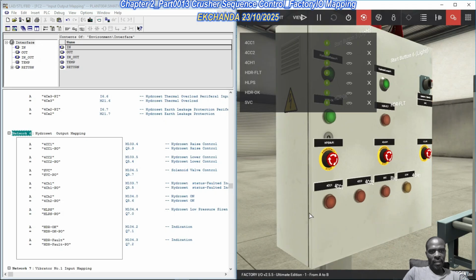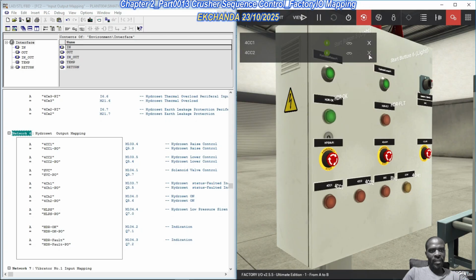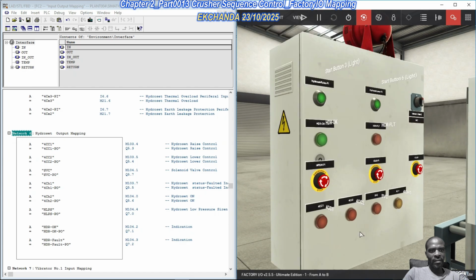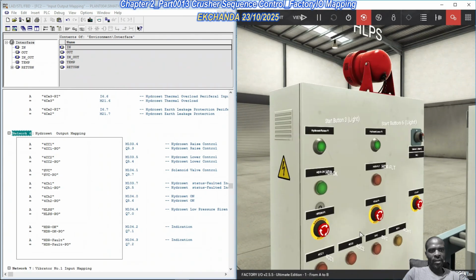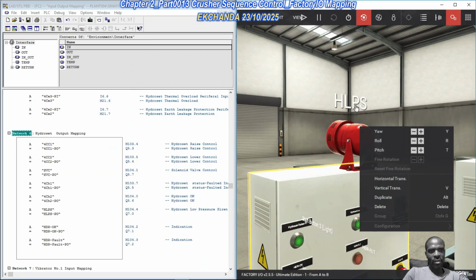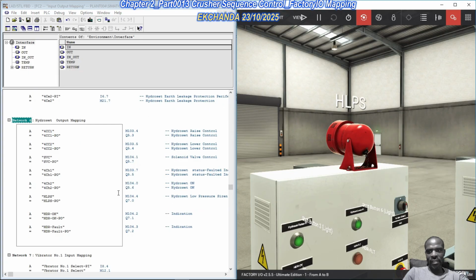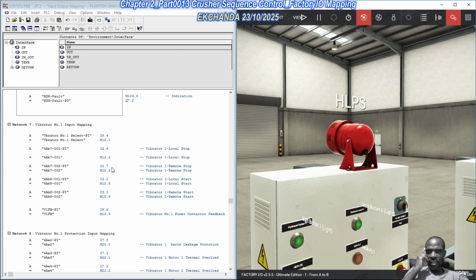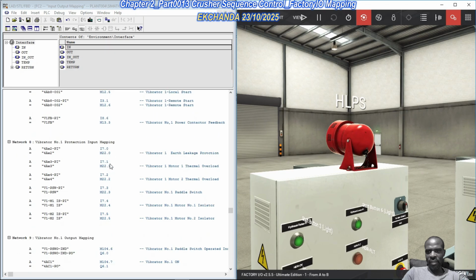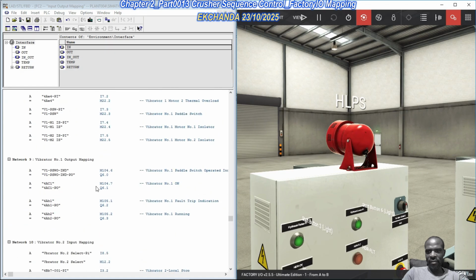Okay, and then of course we've also done the hydroset low pressure siren, which is on top of the control box. So we've done the alignment for the hydroset, and thereafter we're talking about vibrator number 1. In relation to this, we're talking about the inputs, normal inputs, and then protection inputs, and then output mapping for vibrator number 1.